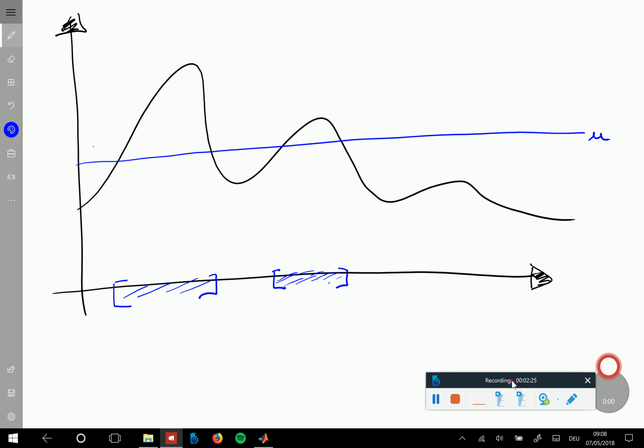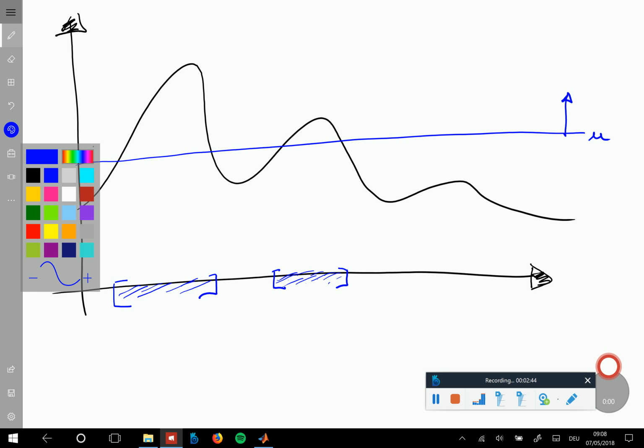That's relatively easy to see. Now, the question is what happens if one increases the threshold. So we are now looking at this process that we increase u.